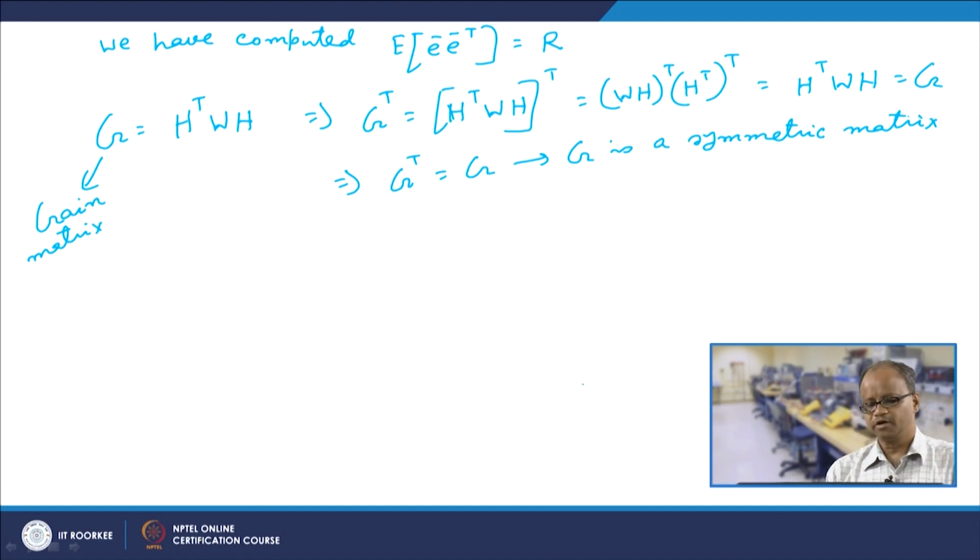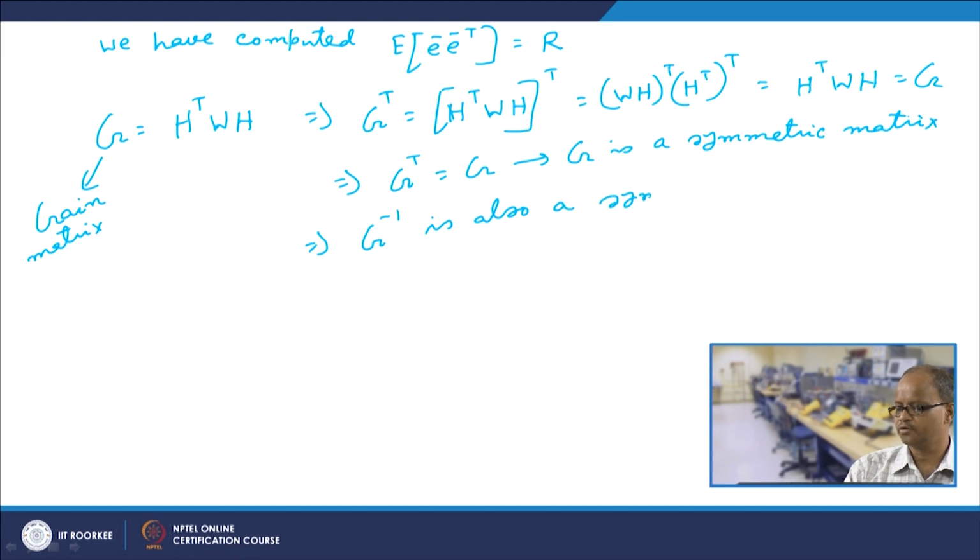Because G is a symmetric matrix, G inverse is also a symmetric matrix, because the inverse of a symmetric matrix is also a symmetric matrix.